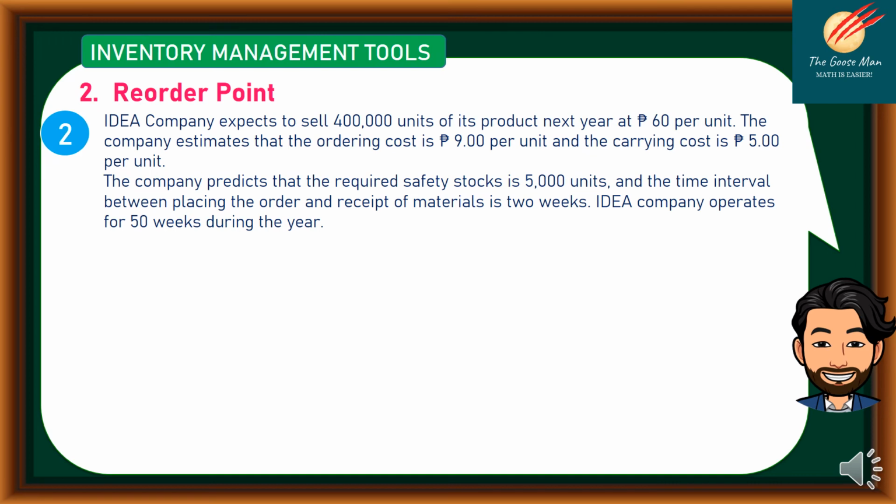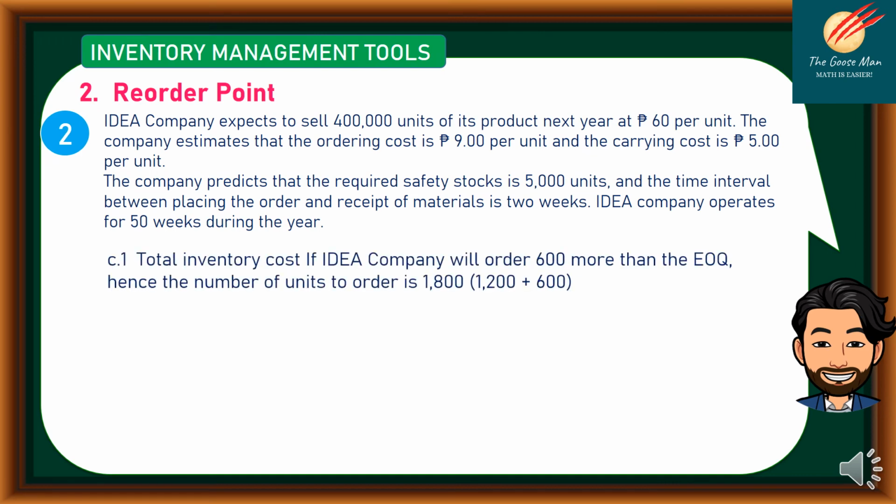Let's move on to problem C.1. That is the total inventory cost if IDEA company will order 600 more than EOQ. Recall that our EOQ a while ago is 1,200 based on the previous computation. Hence the number of units to order is 1,800, because the EOQ is 1,200 and we want to order 600 more than EOQ. So the total inventory cost is equal to total ordering cost plus total carrying cost.